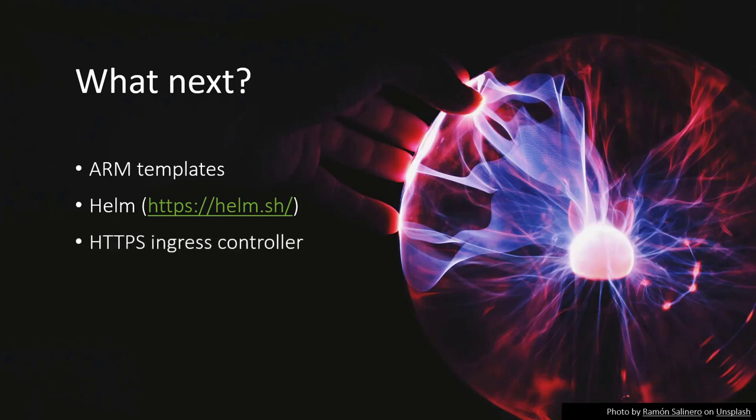And then today we accessed our cluster, or the web app, through the external IP. So you want to go look up the HTTPS ingress controllers for Kubernetes, especially if you're using Azure Kubernetes.